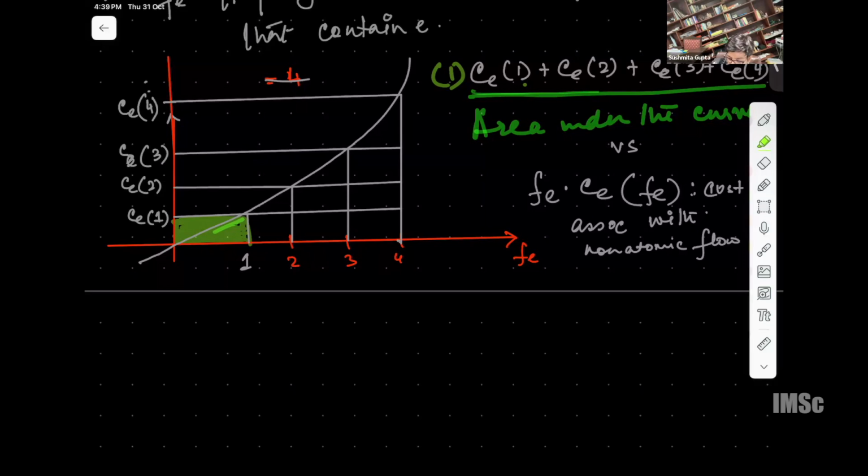Okay. So similarly, this CE2 times, again I'm assuming there's a 1 multiplied here. What is this? I can think of it as this thing.